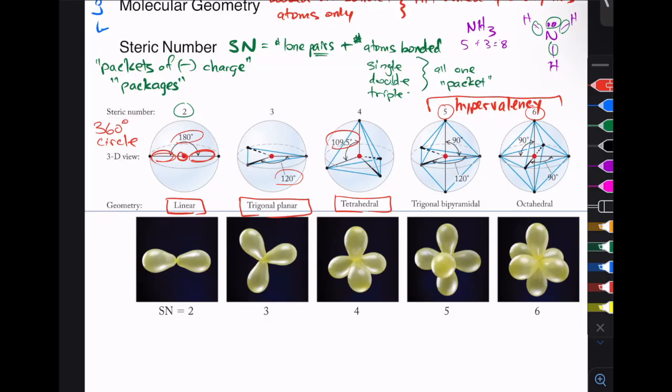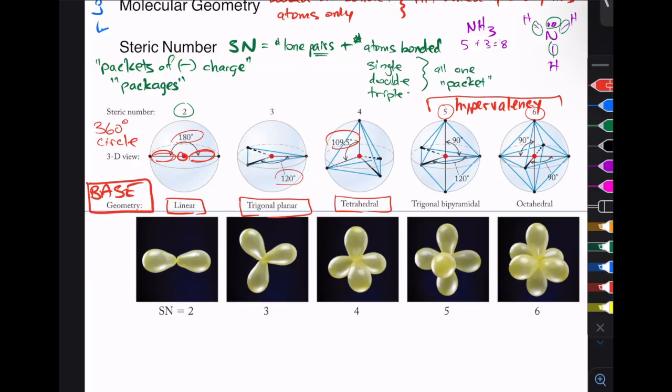Now, I don't expect you to remember every single bond angle that we discussed, but these basic ones, what I'm describing right now, this is what I call the base geometries. The base geometries is where we start with everything being equal. If we're talking about a molecule, they all have the same bonds in them. They're all bonded to hydrogen, or they're all bonded to fluorine.